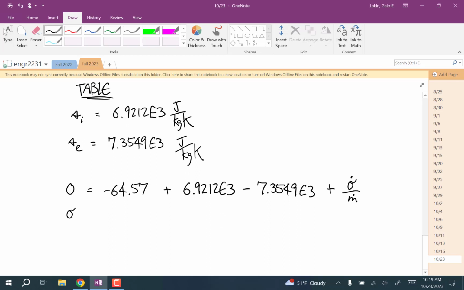And so sigma dot over m dot is 498, and that is in joules per kilogram Kelvin.